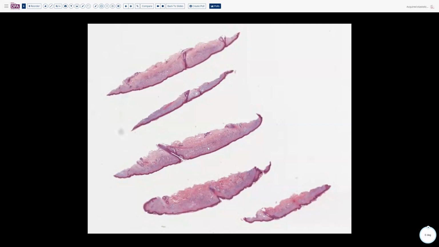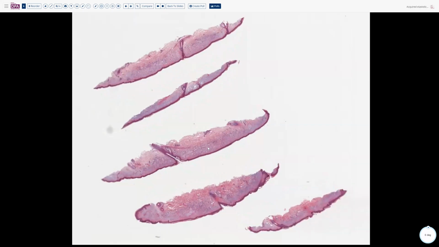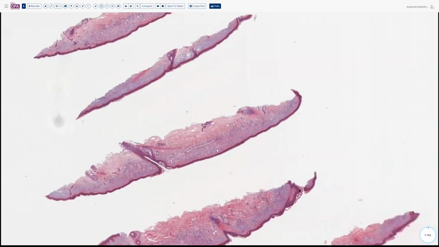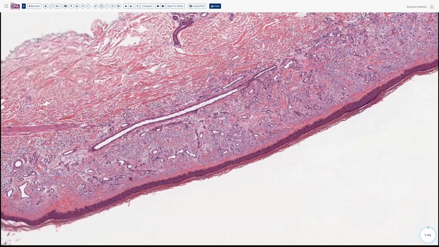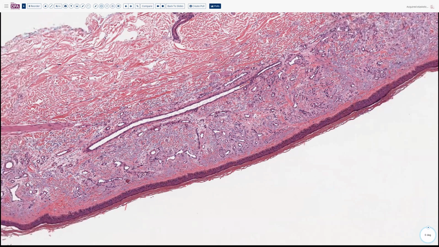Here are a couple of examples. And we'll just come right down here to see, very nice elastotic material. But then you can appreciate here that the vessels are somewhat accentuated here. These are damaged vessels that have developed a degree of proliferation.